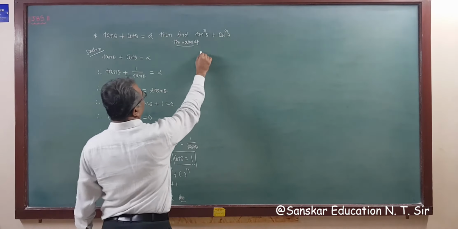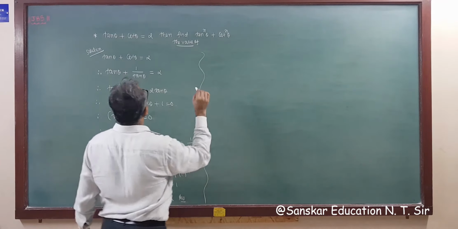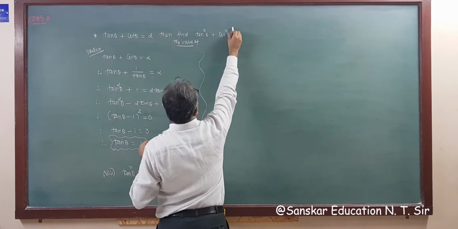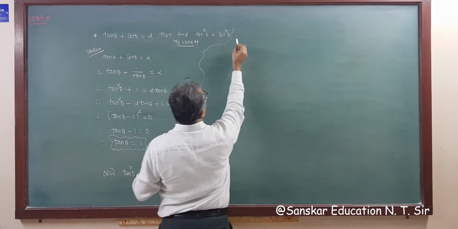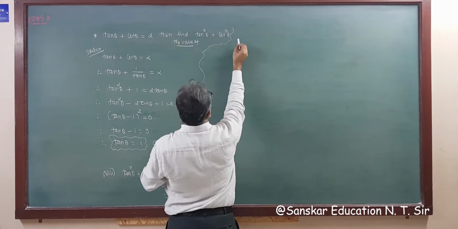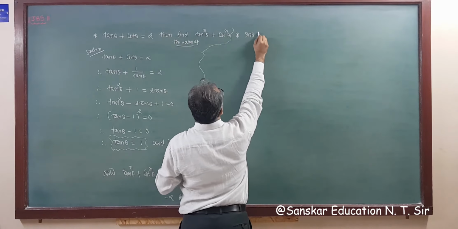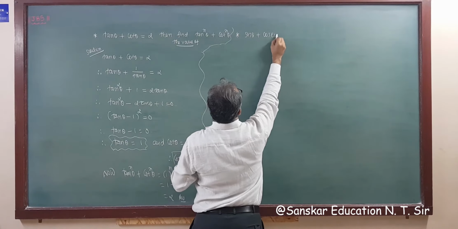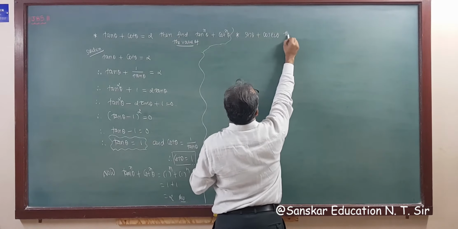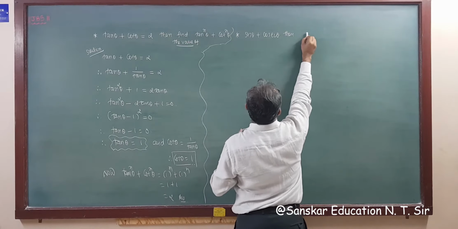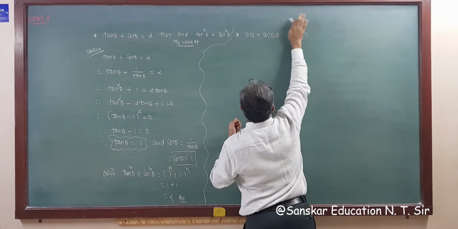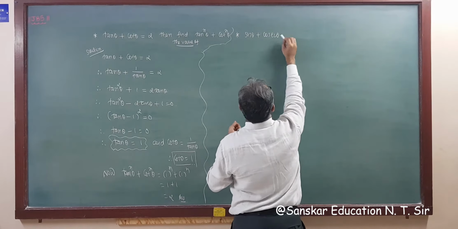Suppose you are given a second question. So I have to write from here that sin theta plus cosec theta is, I am again taking 2, okay?